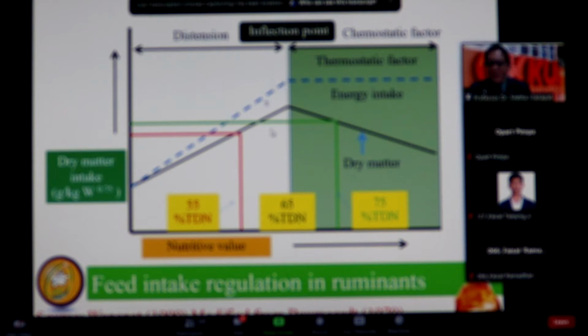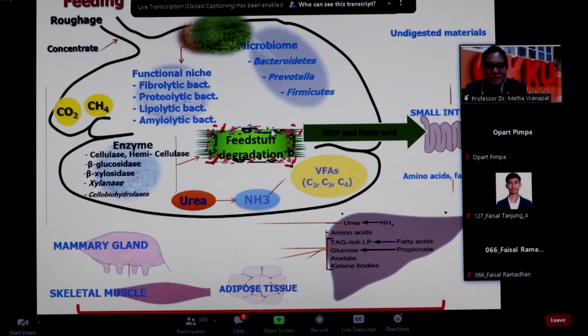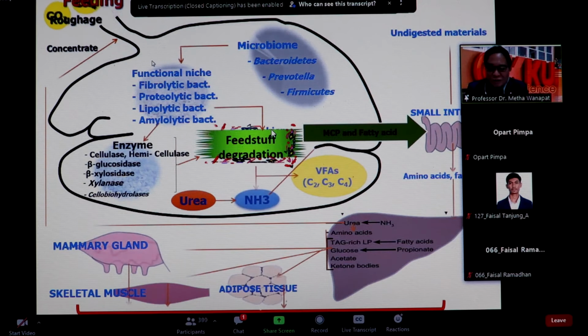So bear in mind that we cannot say that we are unfortunate in developing countries or in the tropics, but in a way I would say that we are lucky to have these crop residues, the biomass, available throughout the year. We need to know how to utilize them effectively and wisely in order to get even more nutrients from this biomass, okay? See here, you see there's a feed coming into the rumen here.